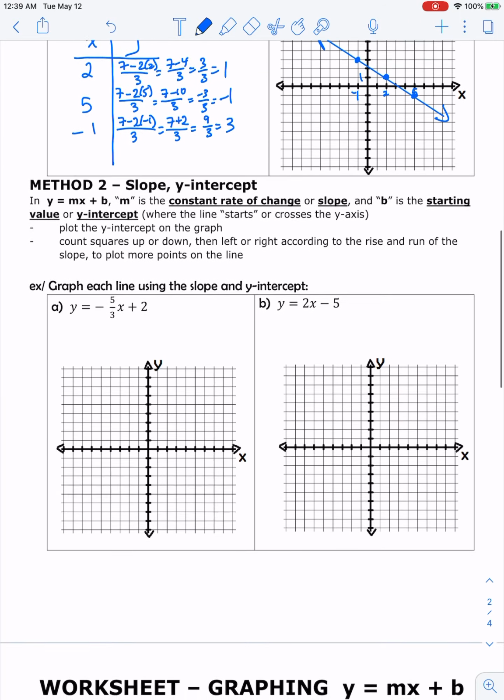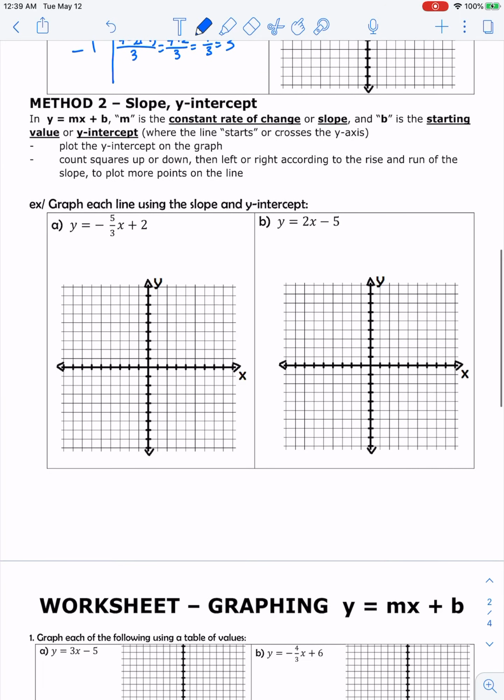Okay, method number 2 is what we call the slope y-intercept method. Remember when we had y equals mx plus b before? M was our croc, but now we're calling it the slope. And b we called the starting value.